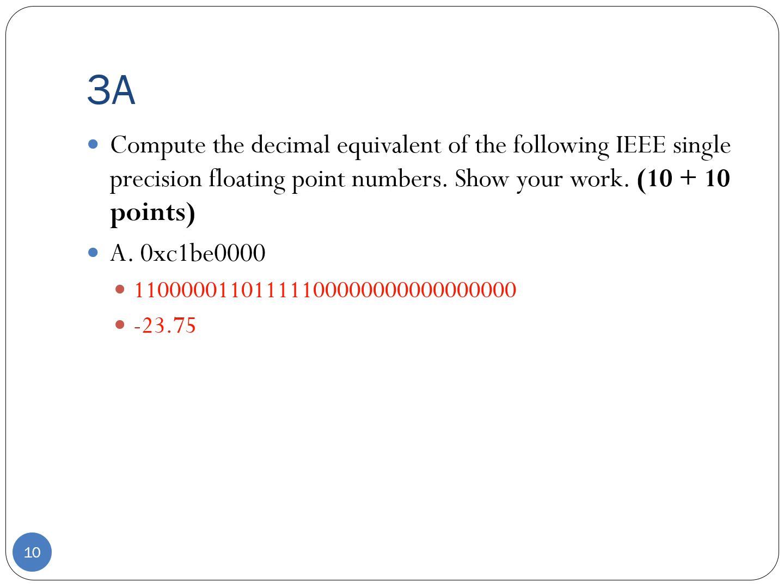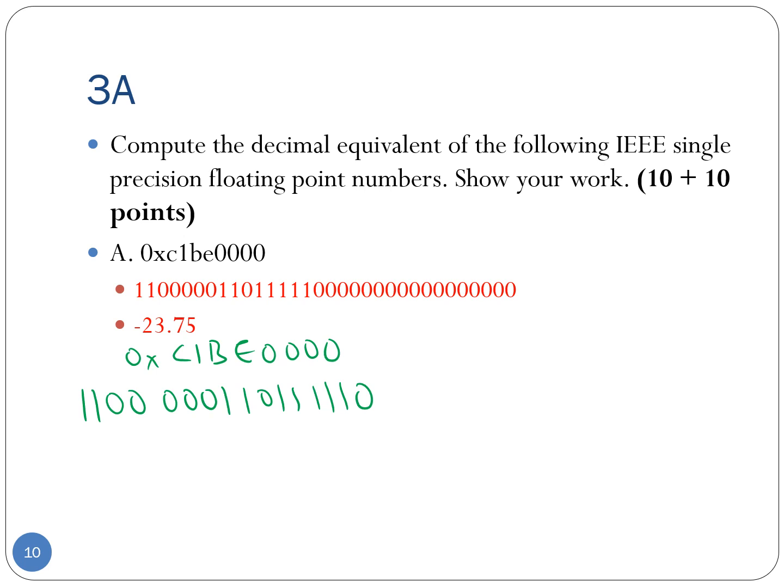So our string here is hexadecimal C1BE0000. C is 1100, 1 is 0001, B is 1011, E is 1110, and then these are 16 zeros.